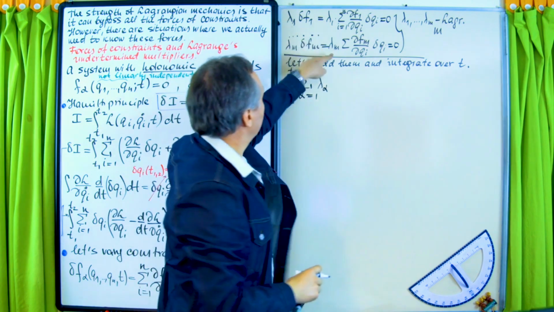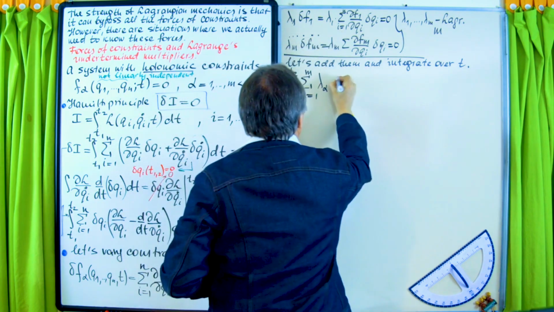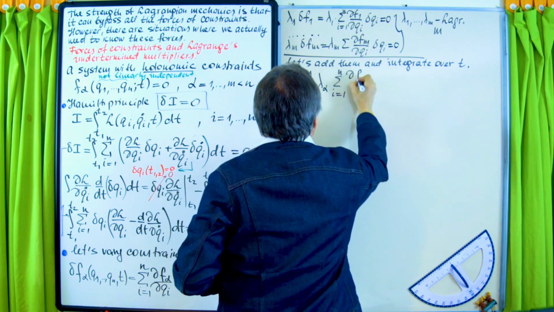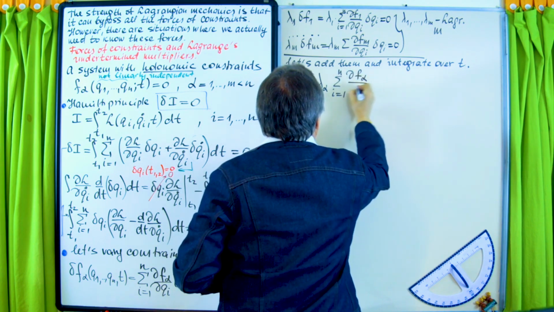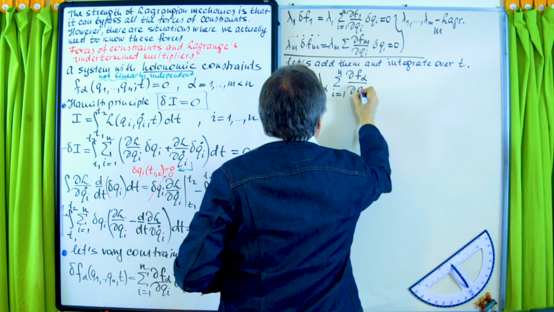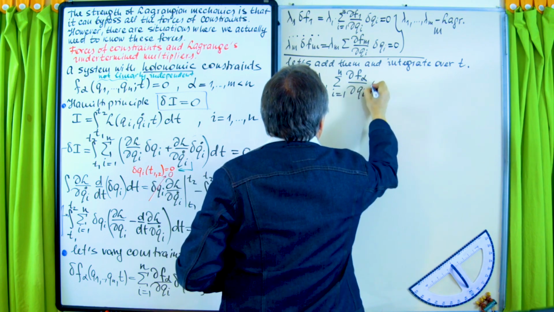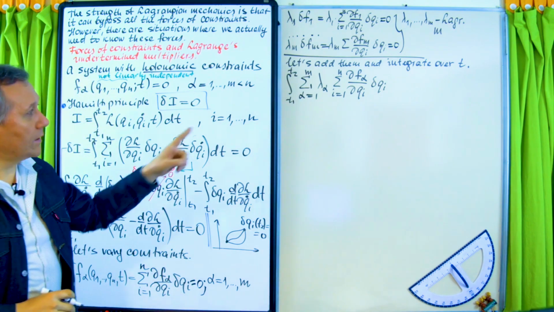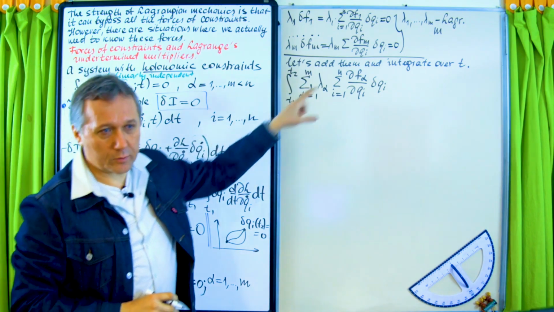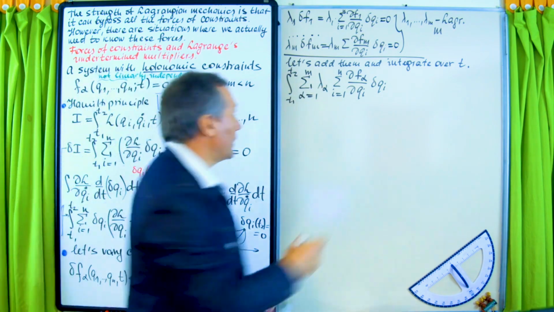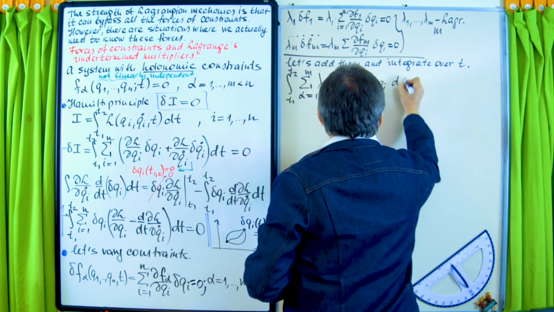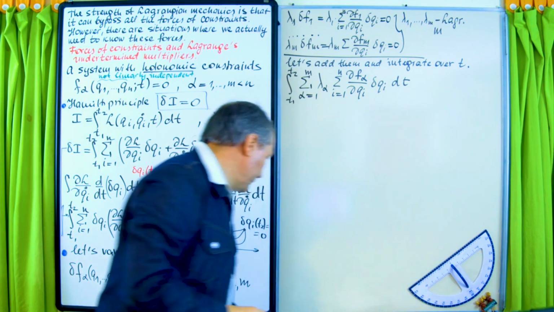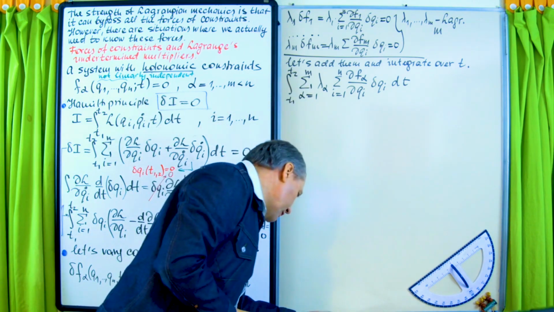Then summation over I from 1 to n, partial derivative of f alpha with respect to qi and delta qi. And then since we integrated, I need to add dt. Okay, so that's what we're getting. Let me check.